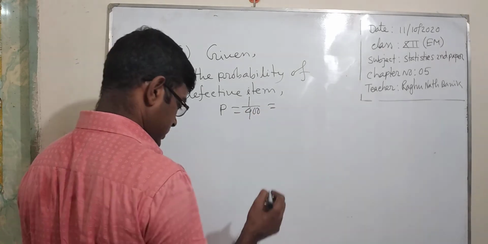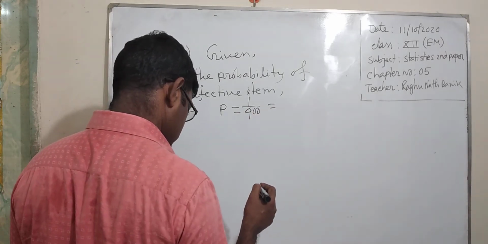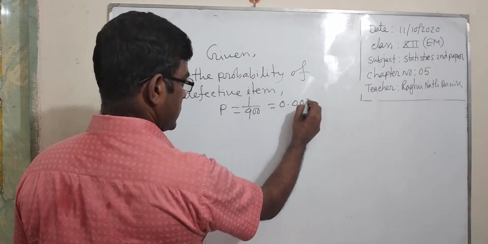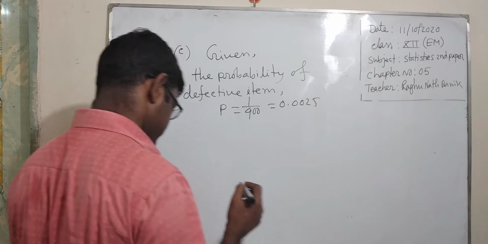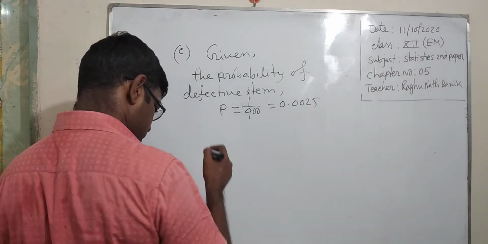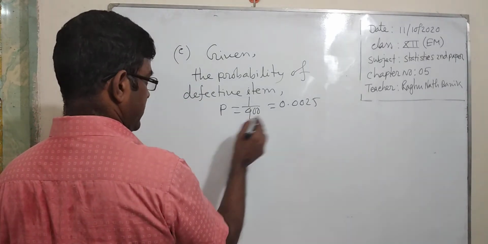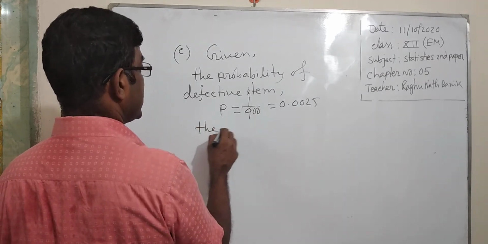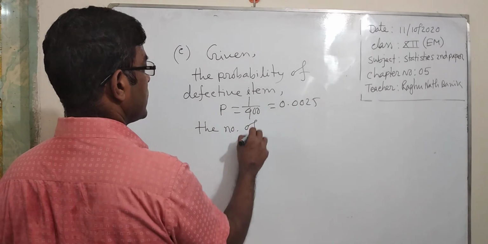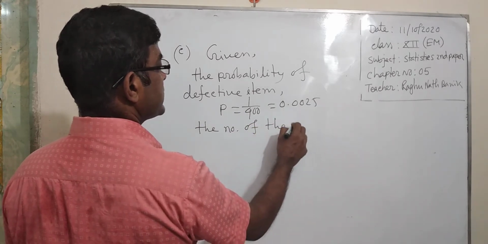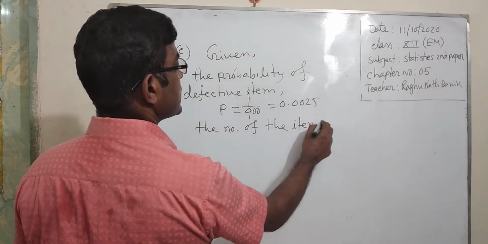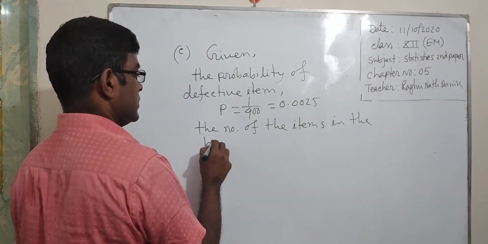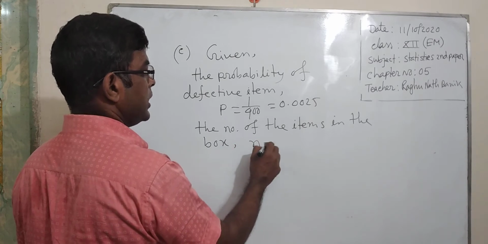That means 0.0025. The number of the items in the box, n equal to 100.